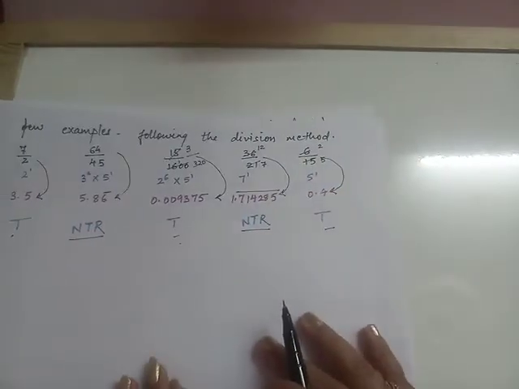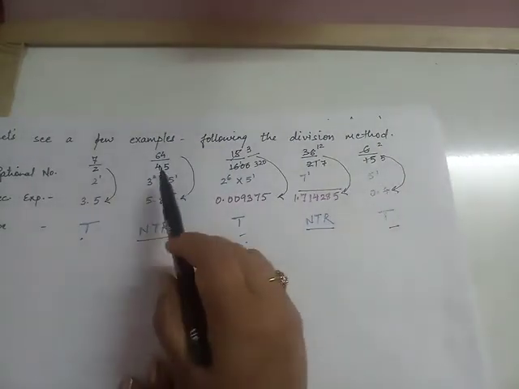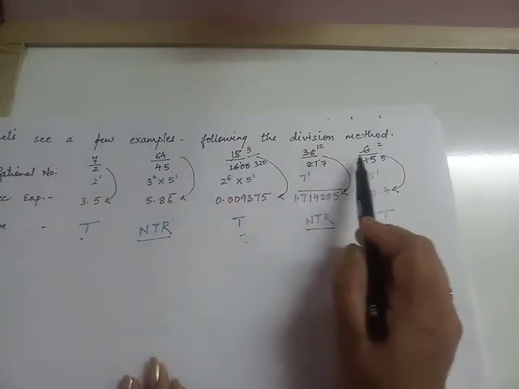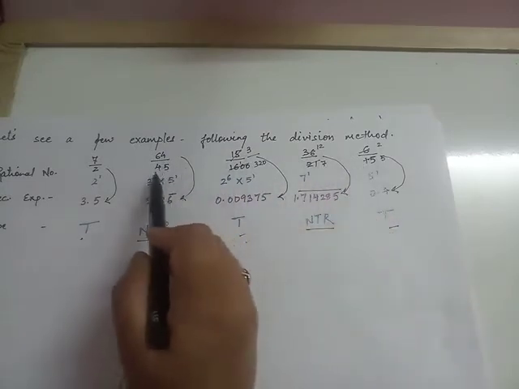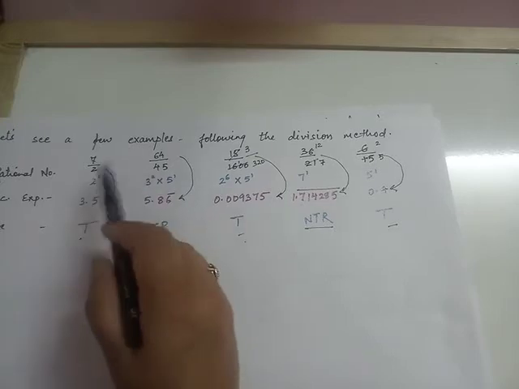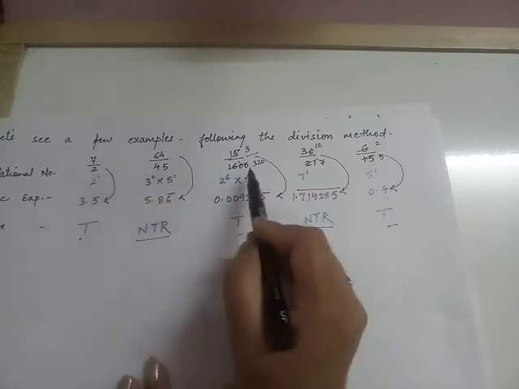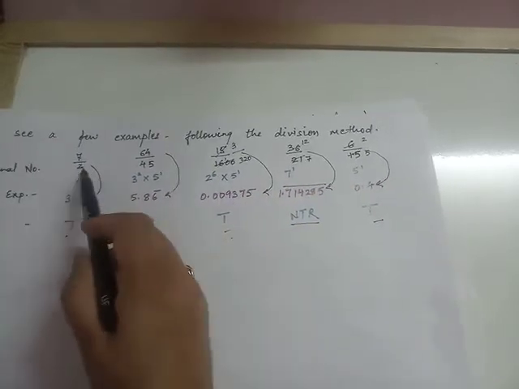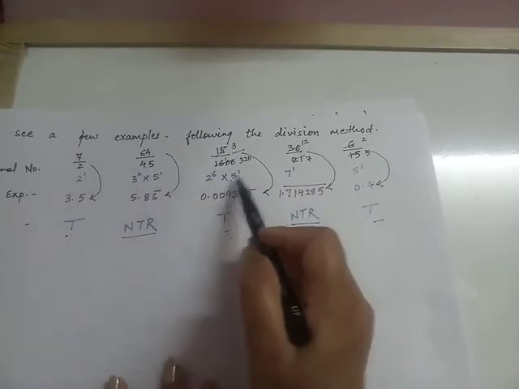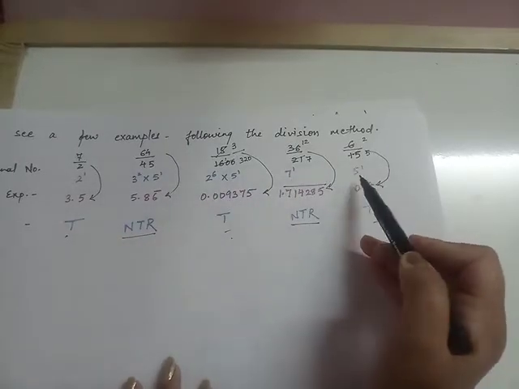Okay. Now, after finding the lowest form of the given fraction, I am going to find out the prime factorization of their denominators. So I do the prime factorization of all the denominators.